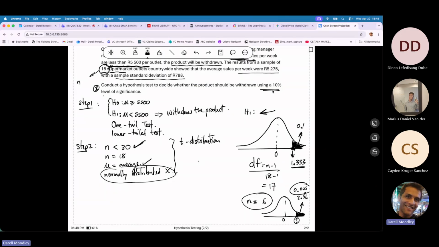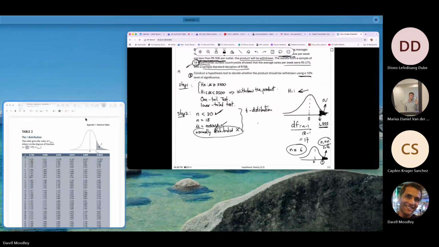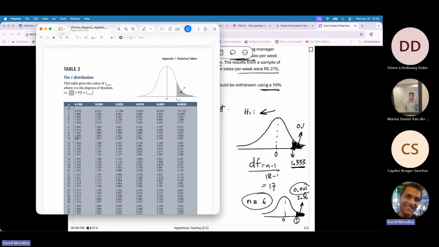Let's do it, okay? Let's go to the table. Remember what I said, the size of your area is 0.025. So that means your alpha is 0.025. That's your column. Where do we stop? We need to work out our degrees of freedom.